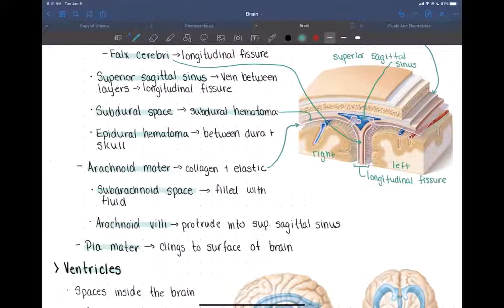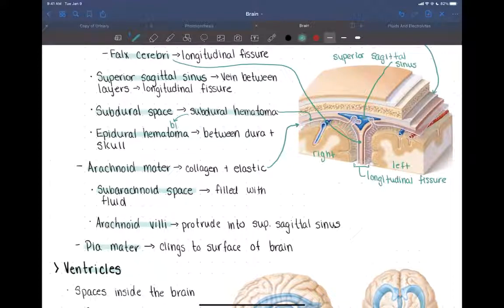So between the dura mater and the arachnoid mater, we have the subdural space. And then we also can have bleeds that form in that space. If you have some sort of injury to your head that causes bleeding, one thing is that it could bleed into that space. That is called a subdural hematoma.